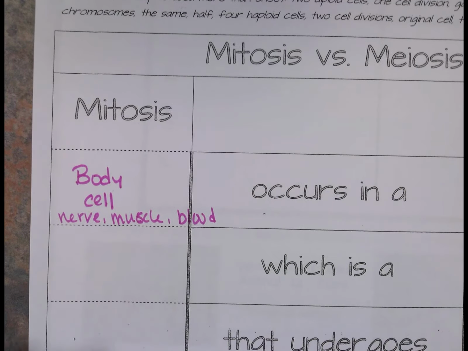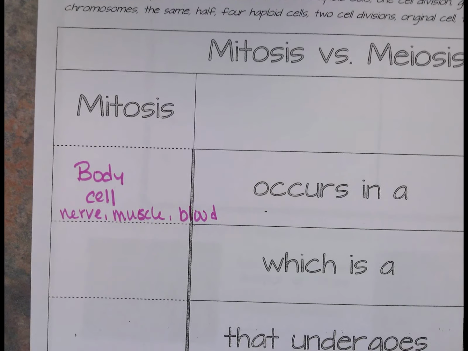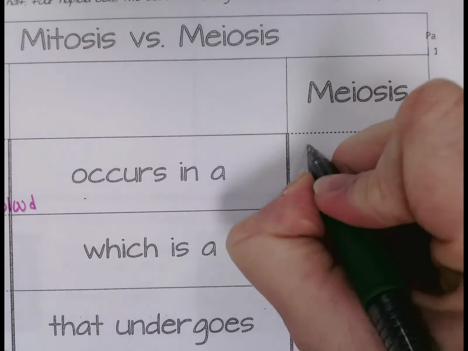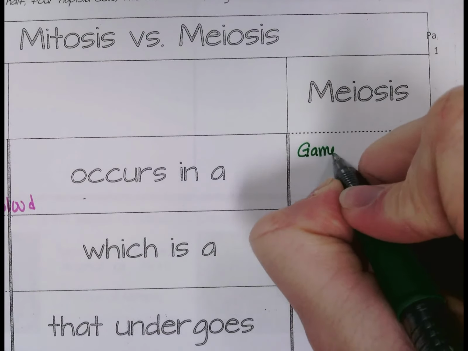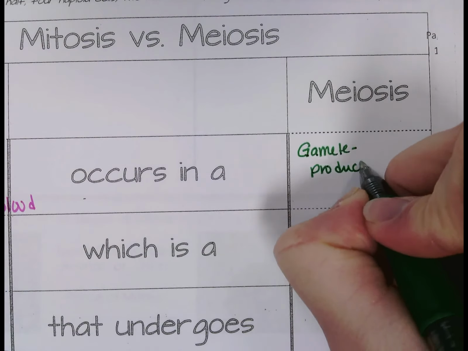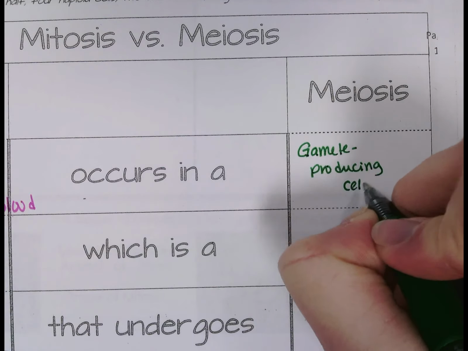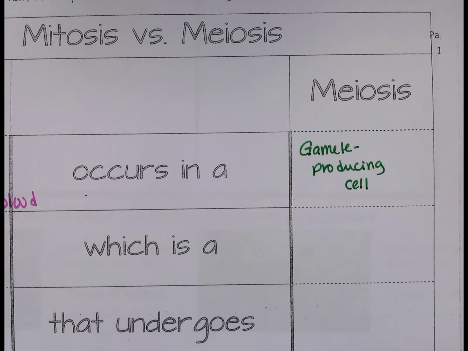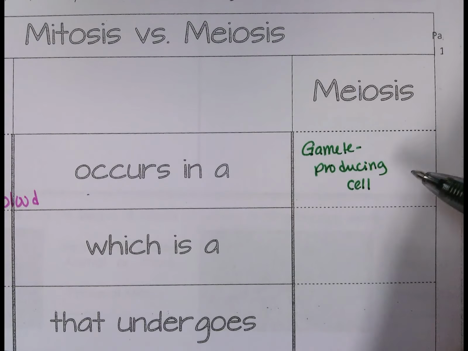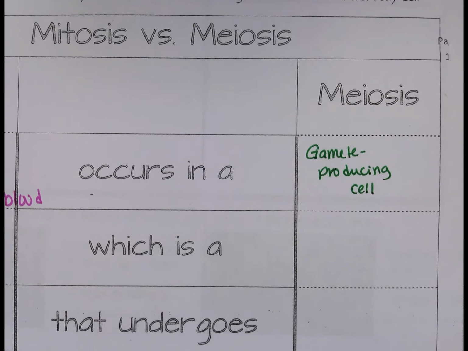While meiosis occurs in a gamete-producing cell. Throw back to the reproductive system: gametes are just eggs and sperm. So a gamete-producing cell is what that's going to occur in.